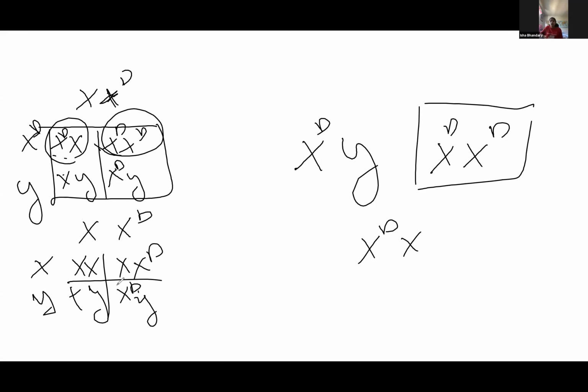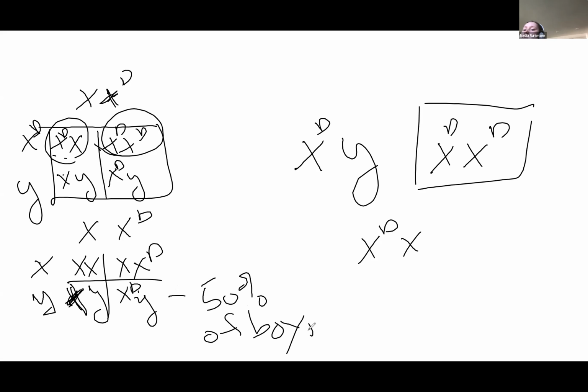So if this is X and Y, sorry, I'm getting worse here. First one, wouldn't it be 25%? Well, 50% of boys, 25% of kids. So 50% of the boys here would have it, and 0% of the girls would be sick.